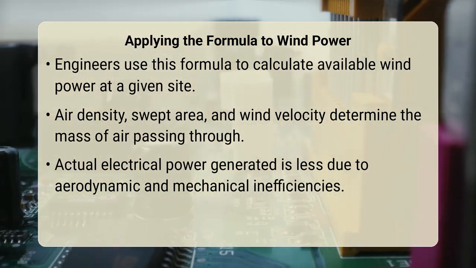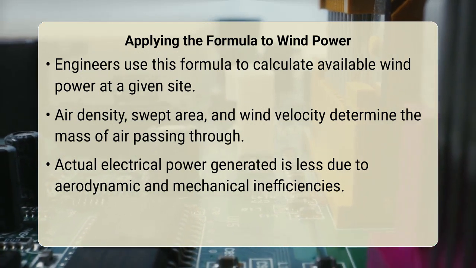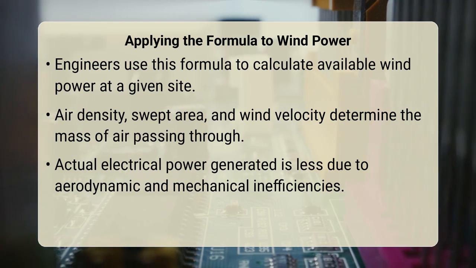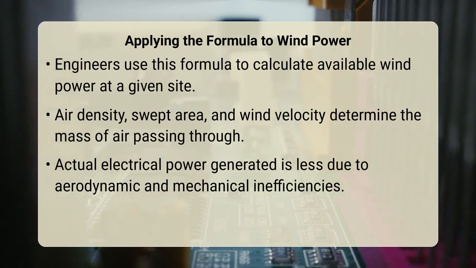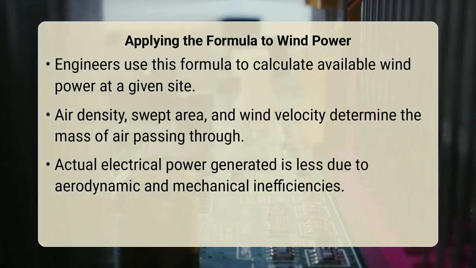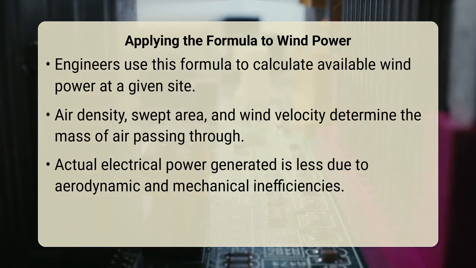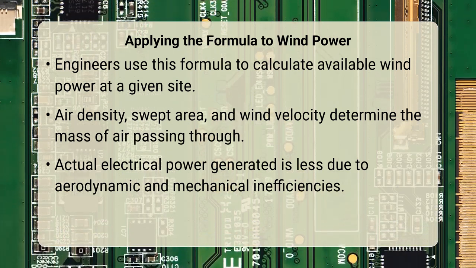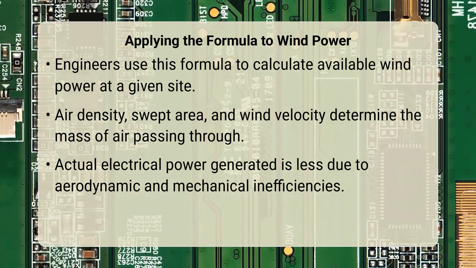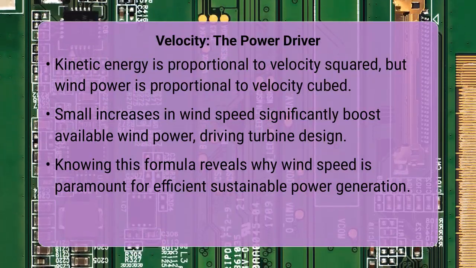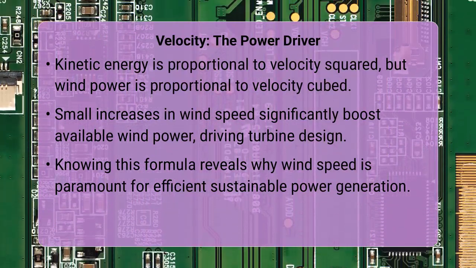A key insider detail is the distinction between kinetic energy and kinetic power. While kinetic energy is proportional to velocity squared, the power available in the wind is proportional to velocity cubed. This happens because increasing wind speed not only increases the energy of each unit of air, but also increases the amount of air passing through the turbine per unit of time.